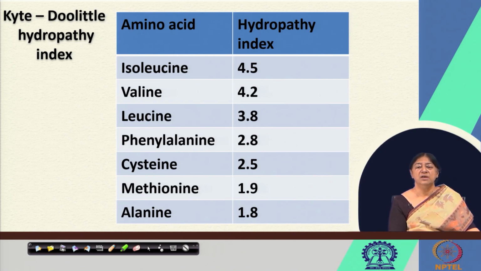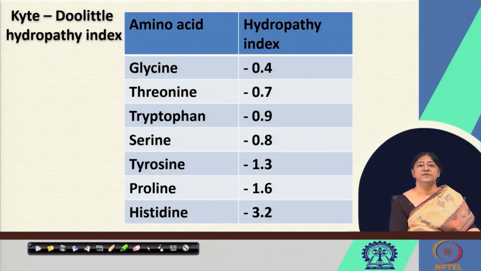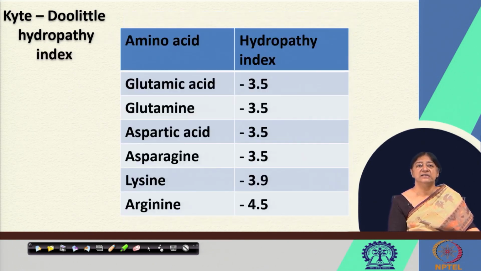Their side chain contains only carbon and hydrogen with no heteroatom, that is no nitrogen, no oxygen and no sulfur. As we go on to the other types, we see the values gradually decreasing, meaning their hydrophobicity decreases, and as expected, the acidic and the basic amino acids have high negative values.